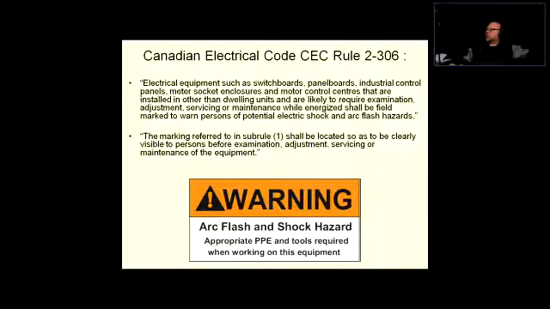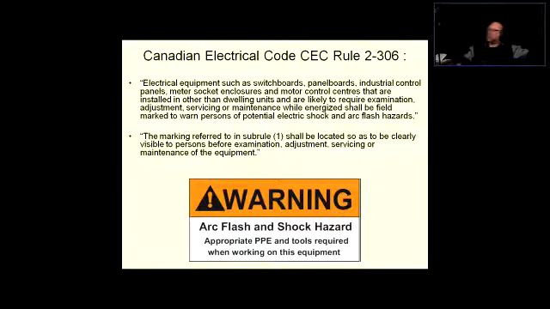Canadian Electrical Code rule: electrical equipment such as switchboards, panelboards, industrial control panels, meter sockets, enclosures, and motor control centers that are installed in other than dwelling units. Dwelling is basically where people live. Are likely to require examination, adjustment, servicing, and maintenance while energized. Shall be field marked to warn persons of potential electric shock and flash hazards.